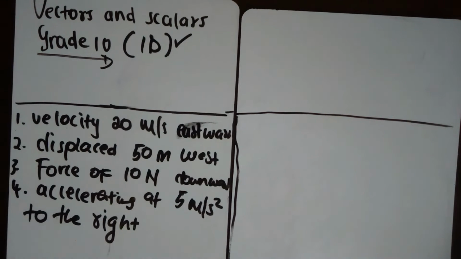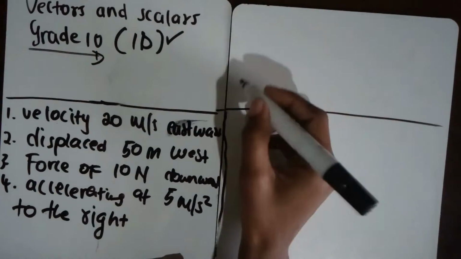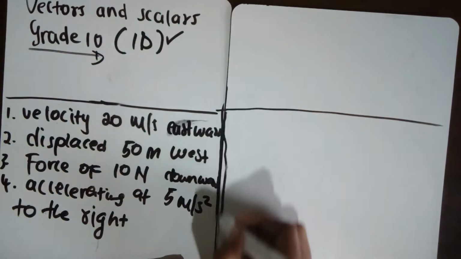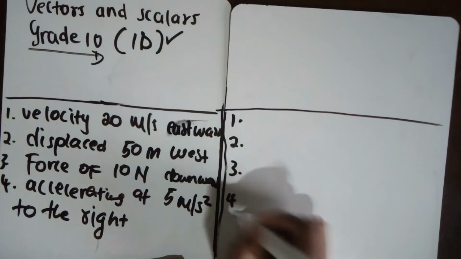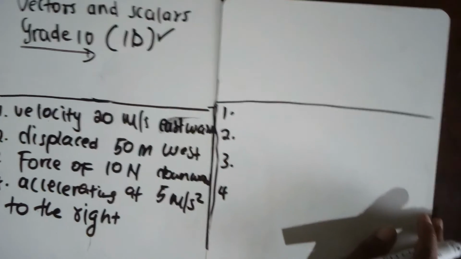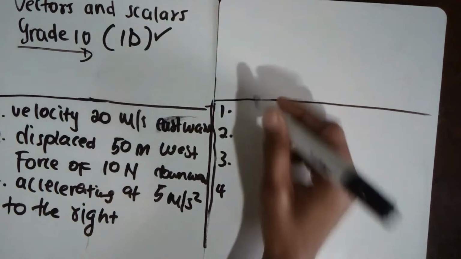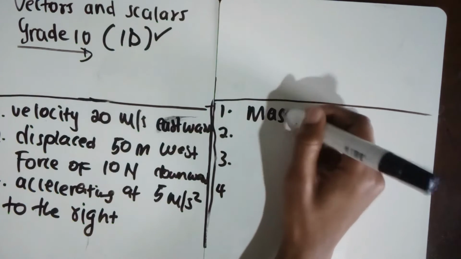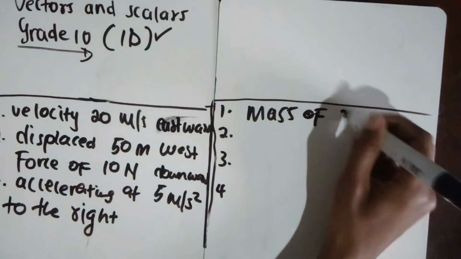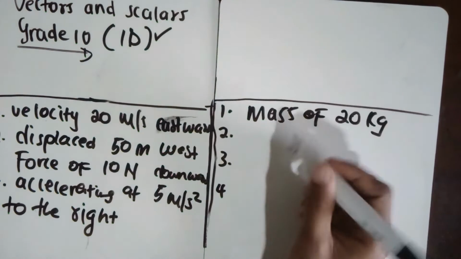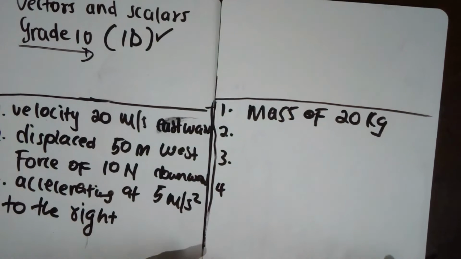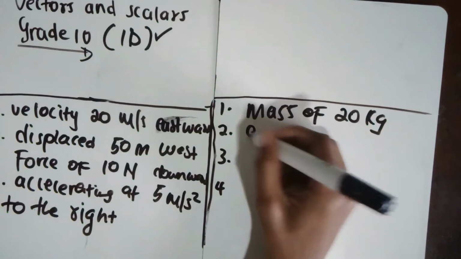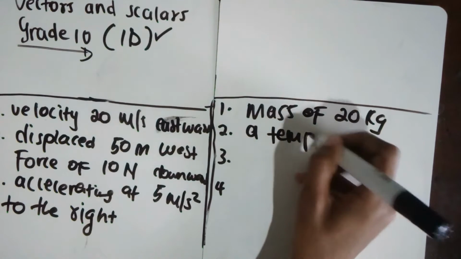And then I'm going to take another set of statements. So assume here we have two columns, 1, 2, 3, 4. In this column, maybe the statement says that an object has a mass of 20 kg. Maybe it says that when you measured your temperature, it was 10 degrees Celsius.